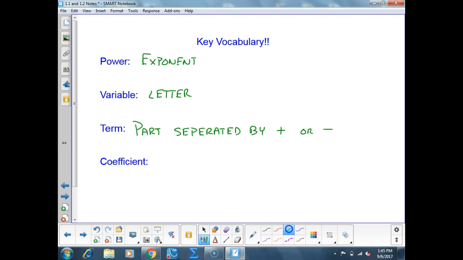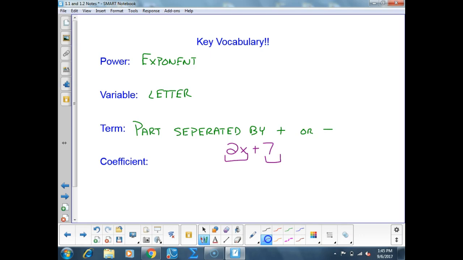Okay? Those are parts of an expression, parts of an equation, parts of something that are separated by an addition sign or a subtraction sign. So for instance, 2x plus 7 has 2 terms in it. 2x is a term, 7 is a term. Okay?